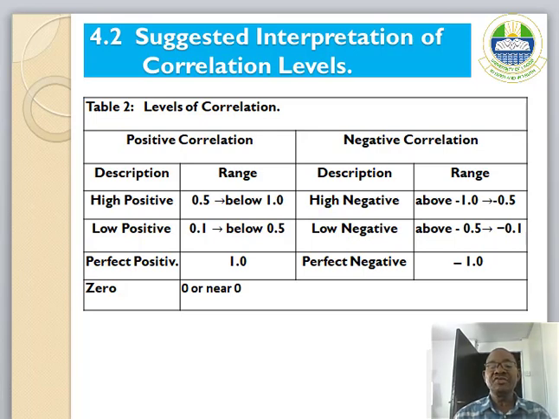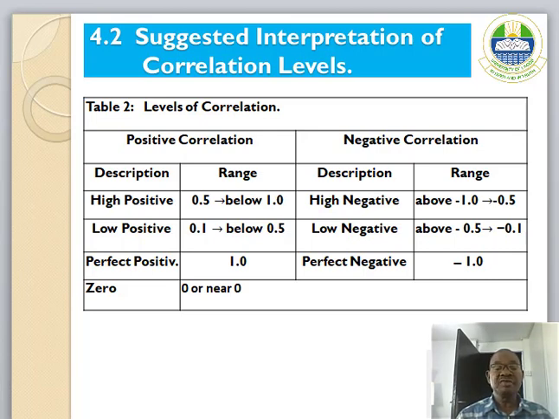High negative correlation is above minus 1.0 to minus 0.5. Let me explain. Above minus 1.0 are figures like minus 0.8, minus 0.9, and so on. Low negative correlation is above minus 0.5 to minus 0.1.